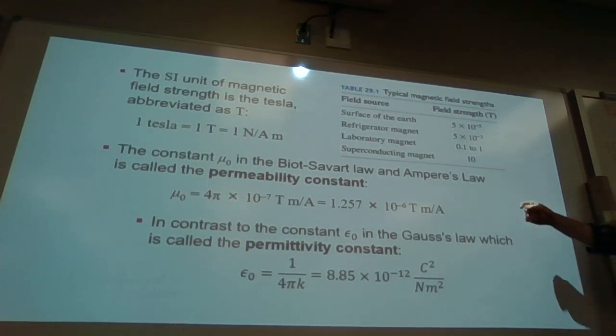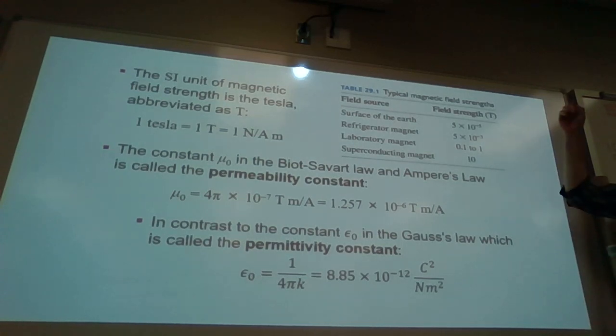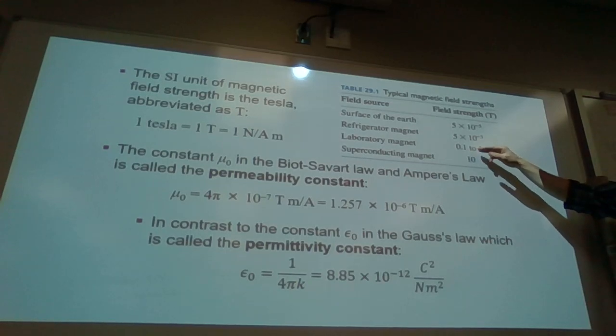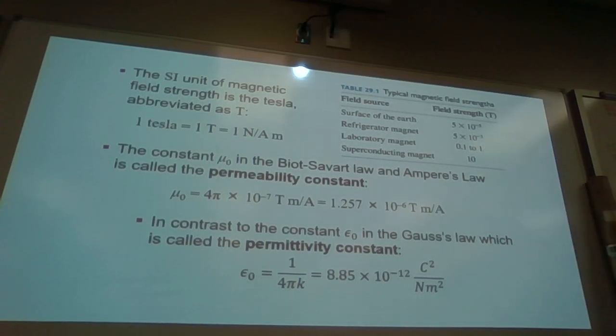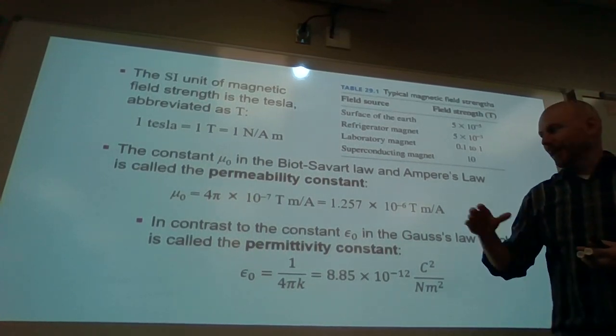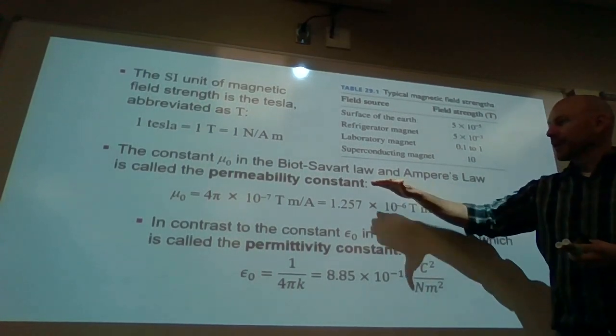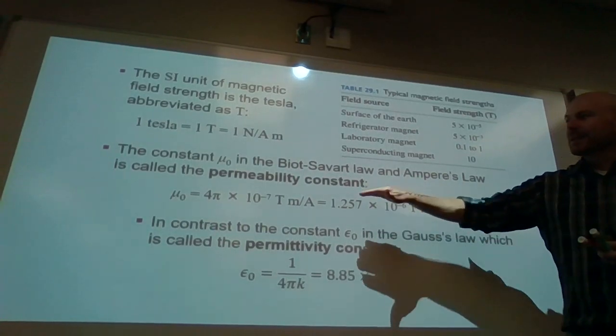An MRI is around 1 to 2 Tesla, somewhere in there. So you get rid of all ferromagnetic materials. If you ever had a metal plate in your head, that would not go well. Pacemakers, bad.